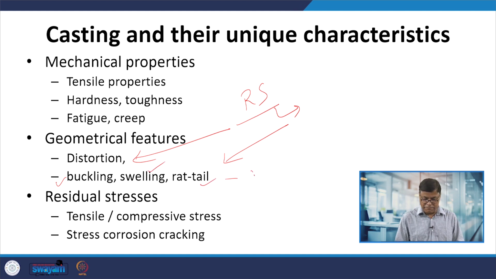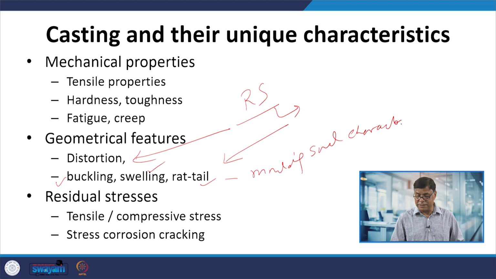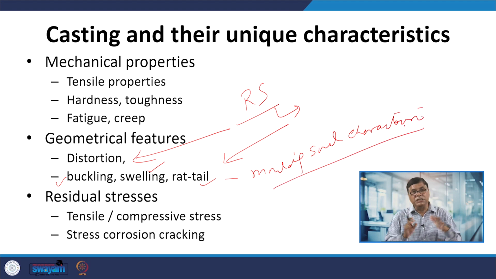All these are basically due to poor molding sand characteristics. If that is the case, it will lead to a change in shape of the mold, and a change in shape of the mold will lead to a change in shape of the casting being produced.